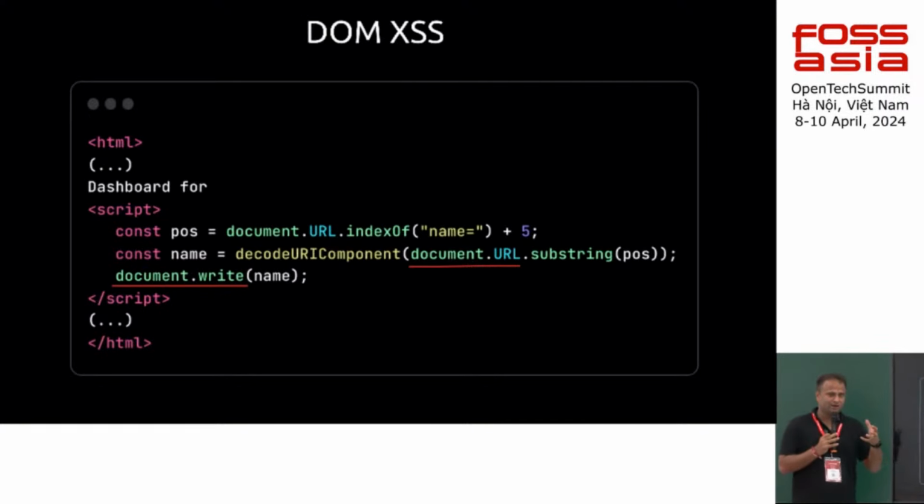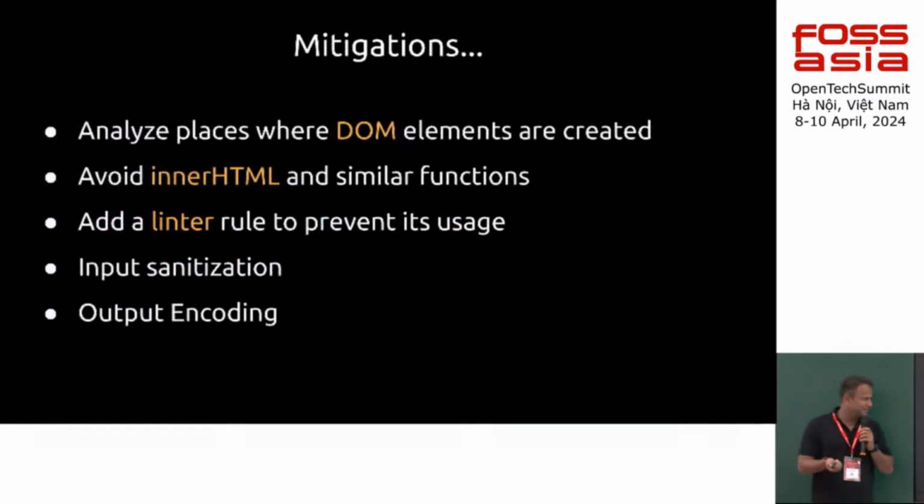You take the URL as is, and then when you write it, the worst code here is document.write. Without doing any validation, it just gets the query parameter from the URL and puts it in the DOM, which may lead to an XSS.